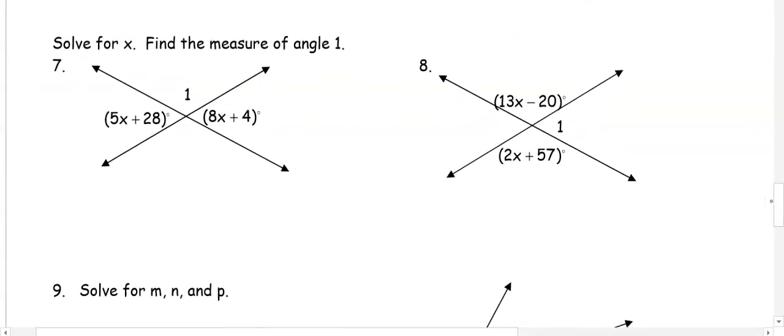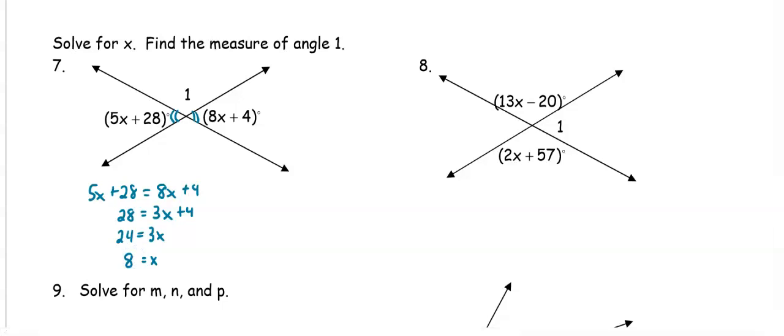In number 7, we want to solve for x and then find the measure of angle 1. So we know that our opposite angles are congruent, so we can set them equal. 5x plus 28 equals 8x plus 4. We can subtract 5x from both sides, so 28 equals 3x plus 4. We can subtract 4 from both sides, so 24 equals 3x. We can divide by 3, so x is 8.